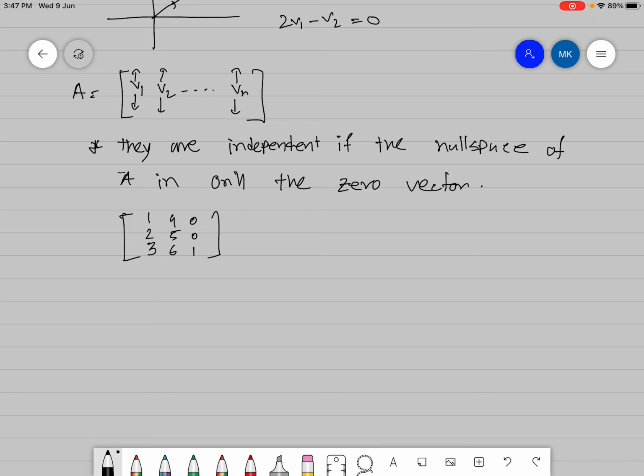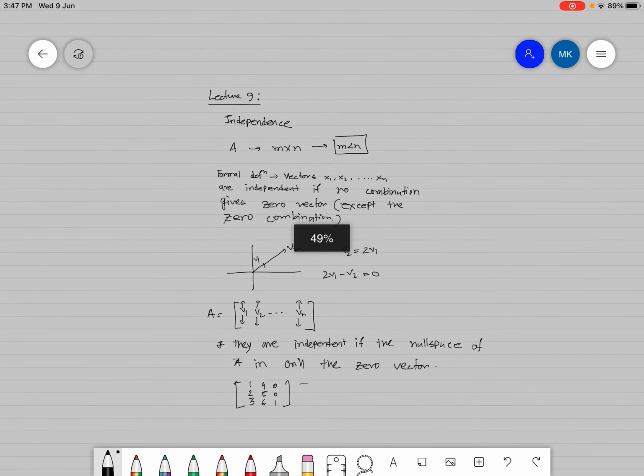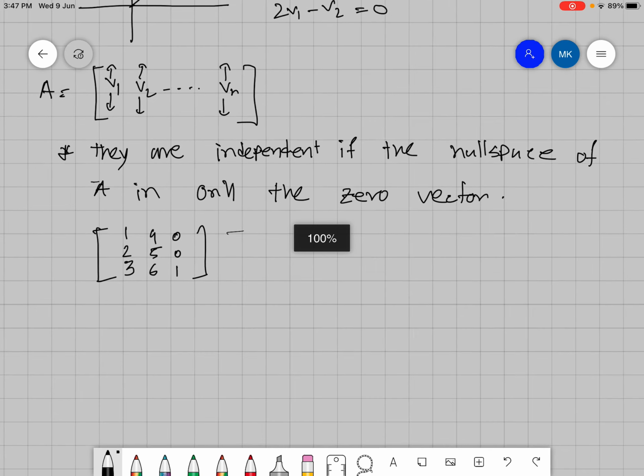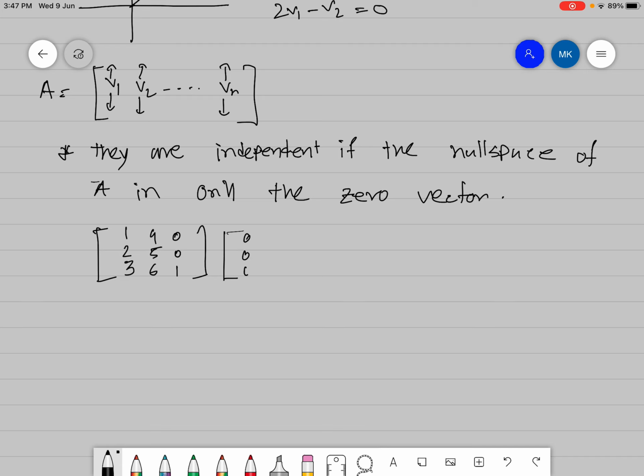Okay, so we can find no other combination other than the 0 combination that gives you the right hand side 0 0 0.